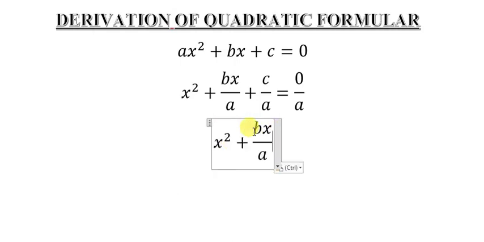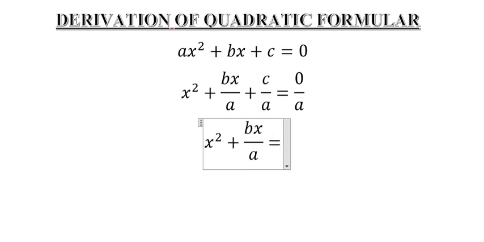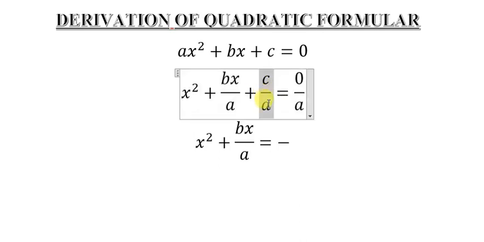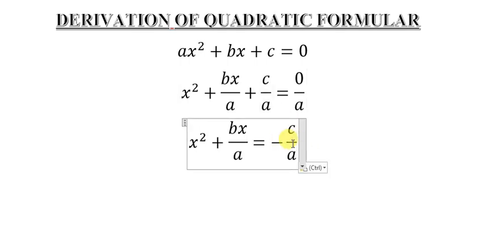Now this time around, since we are adding the additive inverse of this constant term c out of a to both sides of the equation, it is going to take this term out of this area and send it to the other side of the equation, where we are going to have the negative of the constant term being placed at the other end of the equation. Thus, we're going to have something like this, right?